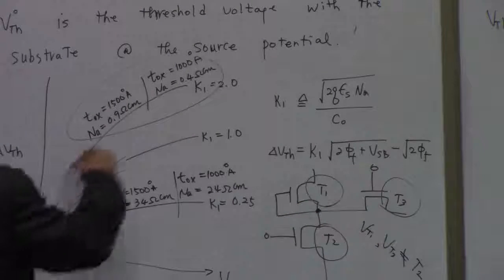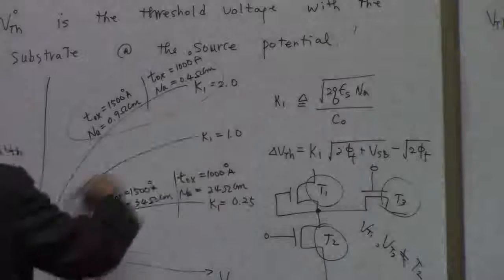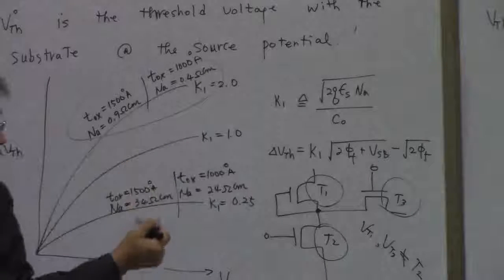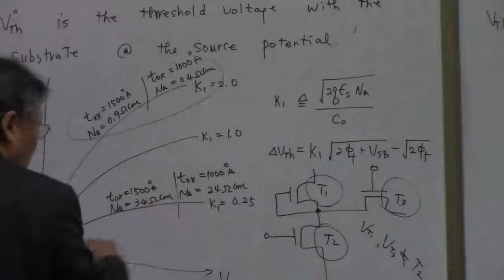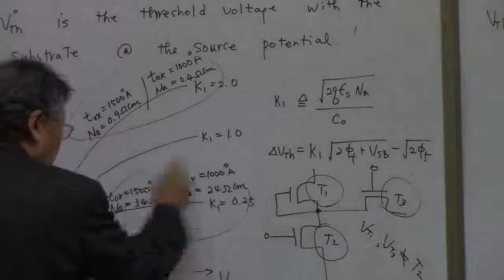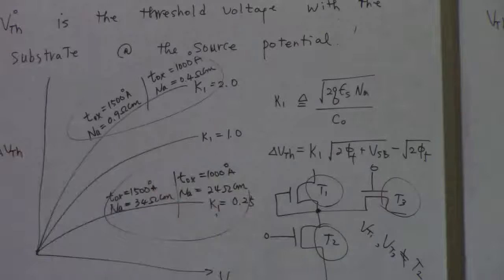So you don't want this kind of fabrication process. You want to maintain the transistors in this low value of K1. Okay.